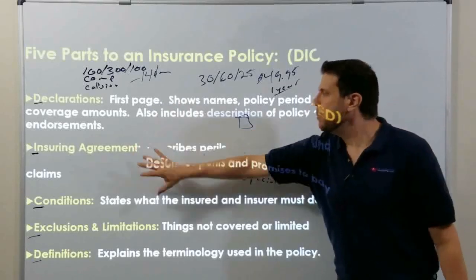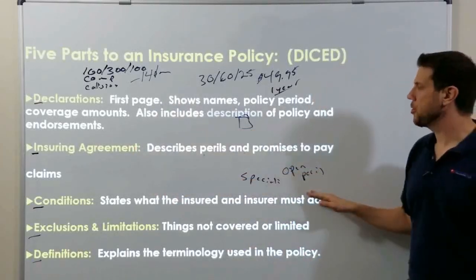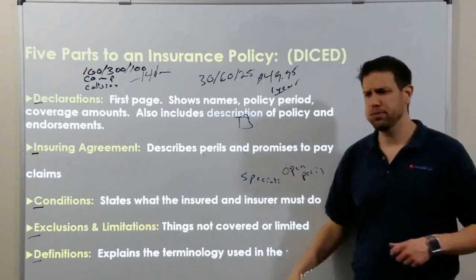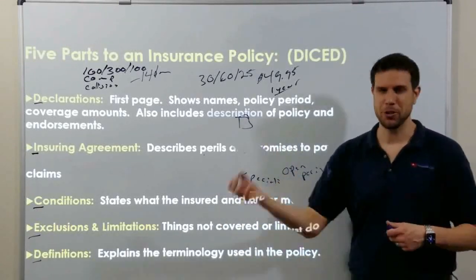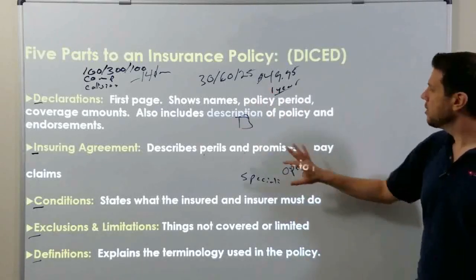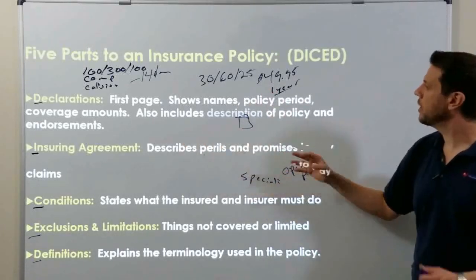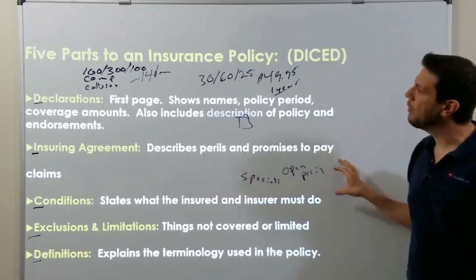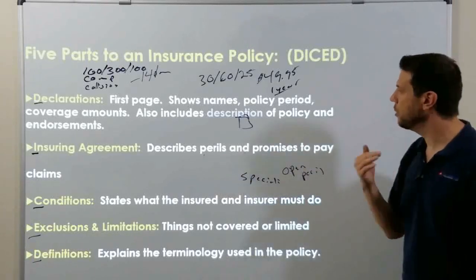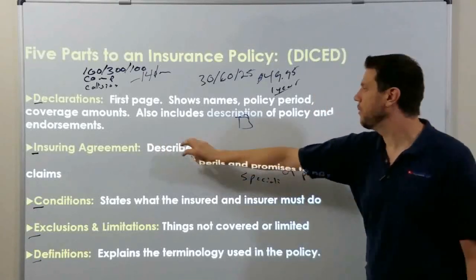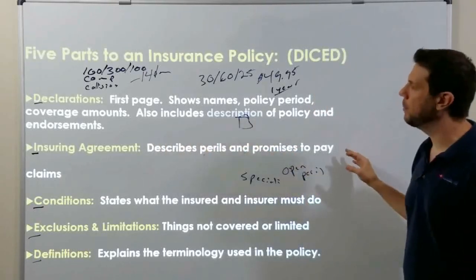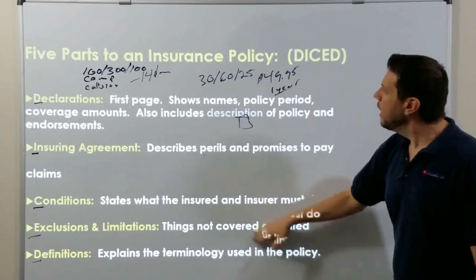So your insuring agreement would say if you have special insurance and a lawnmower flies through your windshield, not windshield, but your window, special covers that. Special insurance is the best insurance. It covers everything except what is excluded. So the insuring agreement would say, well, you have special insurance. So if this happens, the insurance company promises to pay claims.